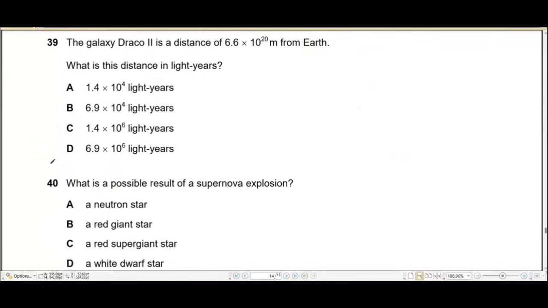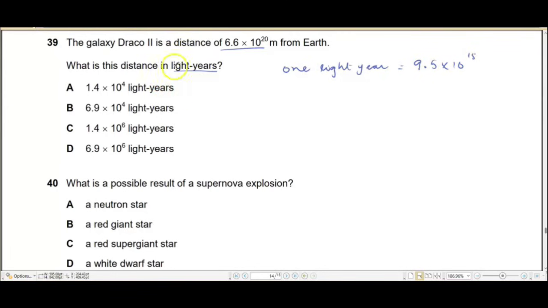Question number 39. The galaxy Draco 2 is a distance of 6.6 times 10 raised to the power 20 meters from Earth. What is the distance in light years? Now we know that 1 light year is equal to 9.5 times 10 raised to the power of 15.